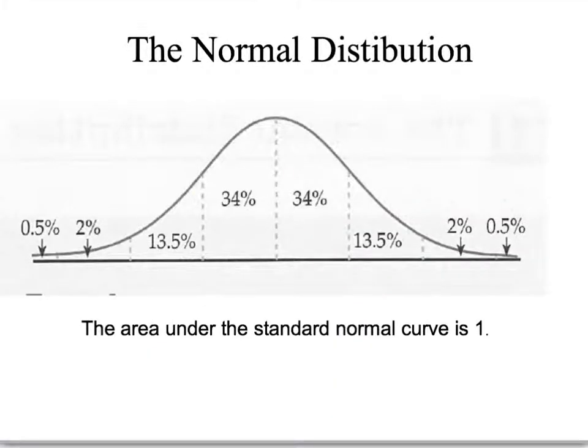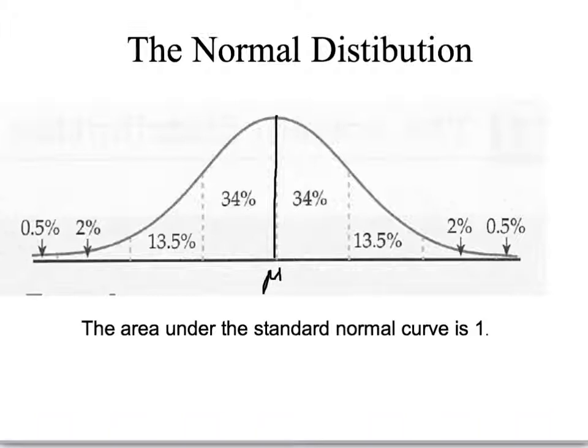Now, this is an important diagram that you need to actually memorize. In the normal distribution, with a perfectly shaped normal curve, we can divide it. The first line that you put in is the one down the middle, and this we give the Greek letter mu, like a U with a tail.